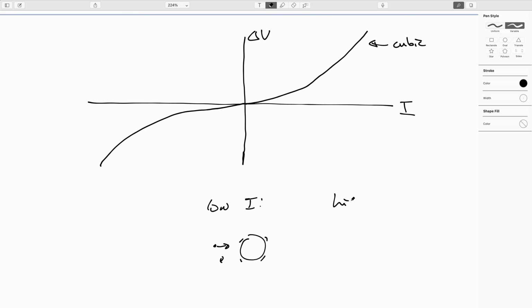But when we have a high current, we're imparting so much energy in our collisions to the partially shielded nuclei that they pick up a greater thermal energy. And so they vibrate more violently in place.